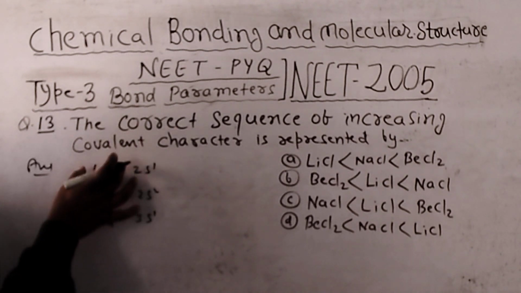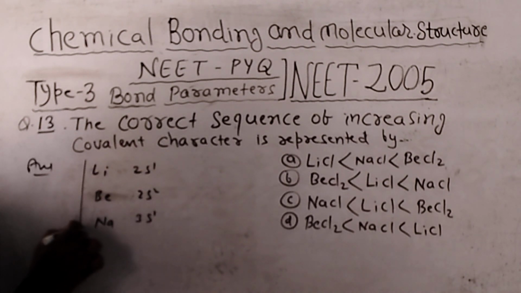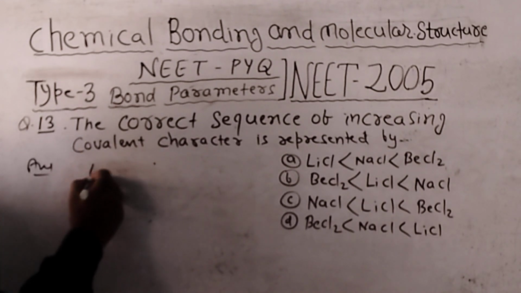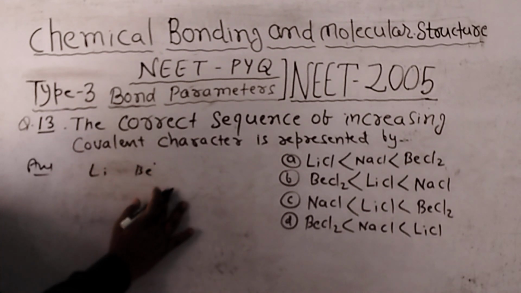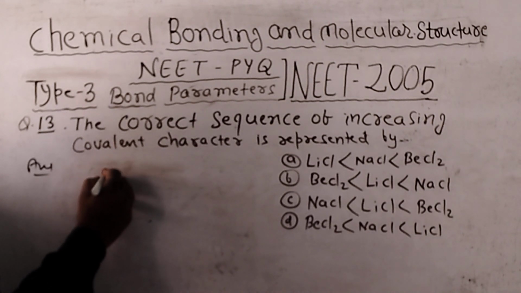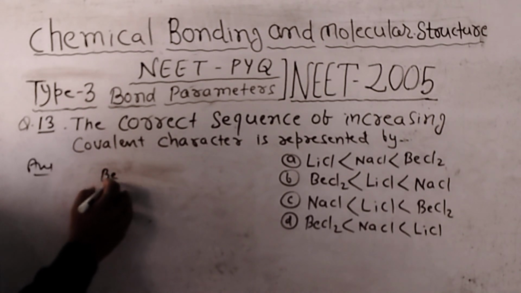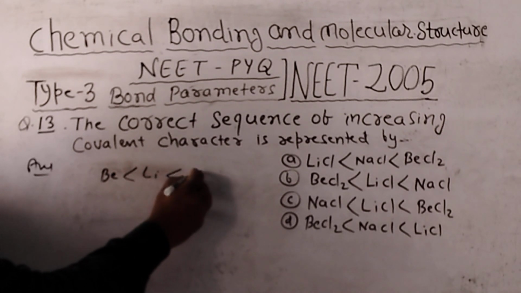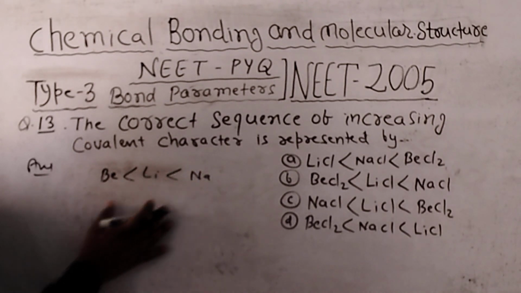According to the given metals' size, from lithium to beryllium, left to right, size decreases. So the atomic size of beryllium is less than lithium, and lithium is less than sodium. So a small cation, large anion.